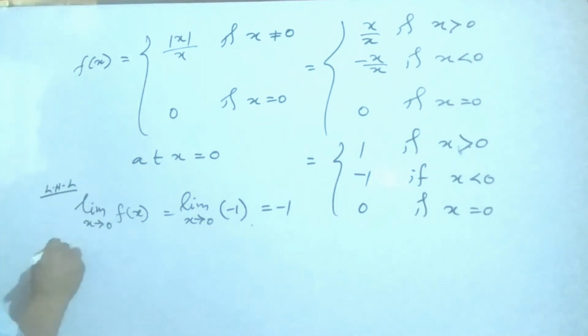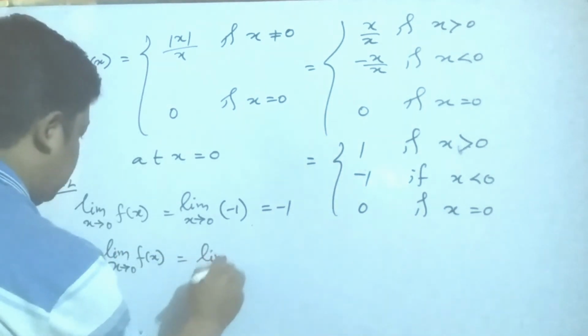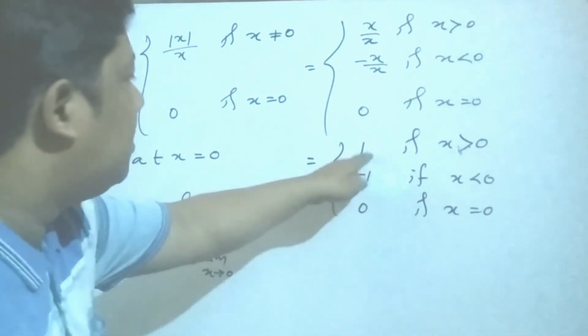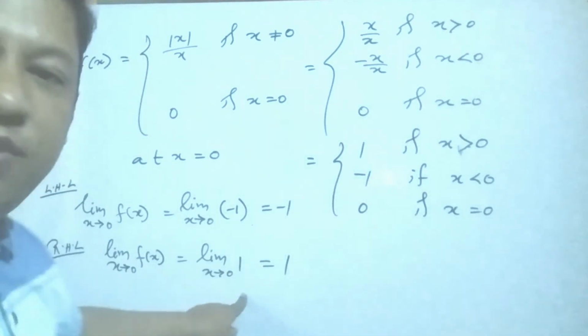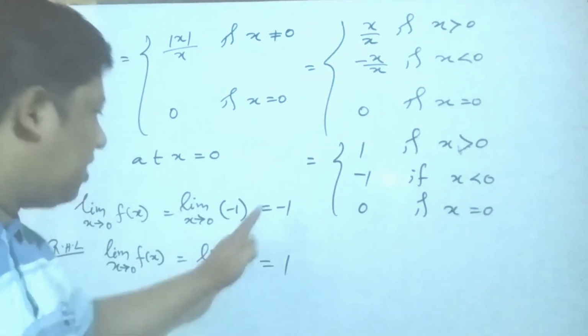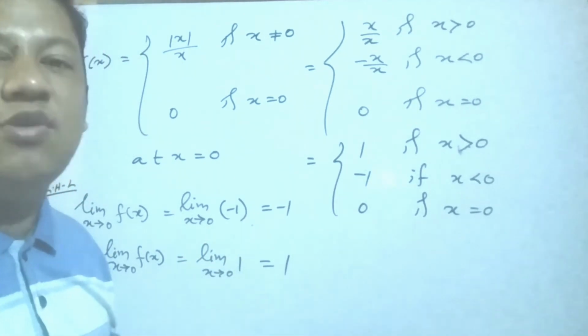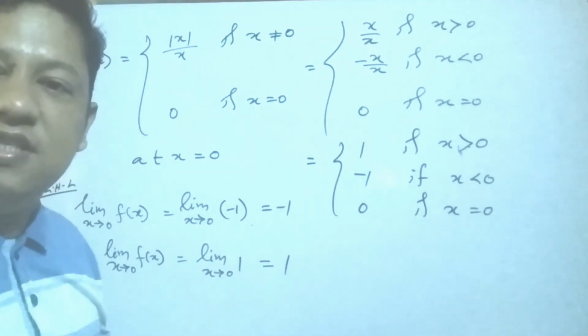Right hand limit, x tends to 0 plus of f of x. F of x means this one, 1. So I get 1 because there is no value of x to substitute. But the both are not equal. That means limit does not exist.